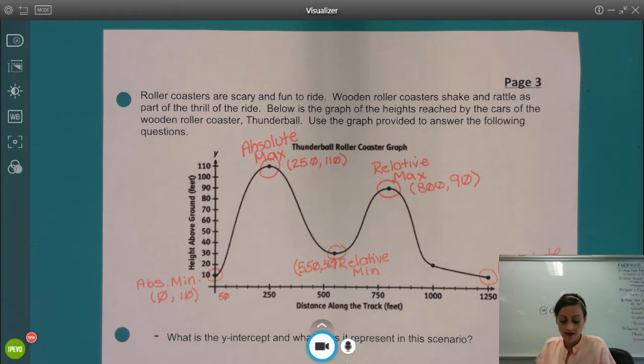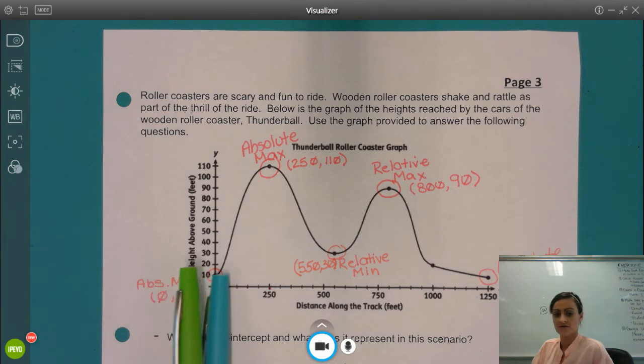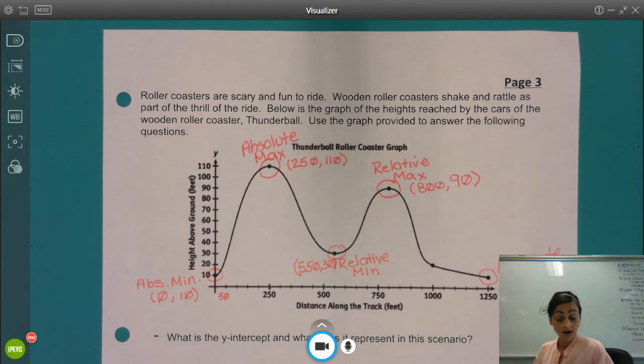So that's it for our maximums and our minimums. The next thing we're going to look at is our increasing and decreasing intervals. So increasing means as I travel from left to right along the graph, if I'm increasing, that means I'm going up.